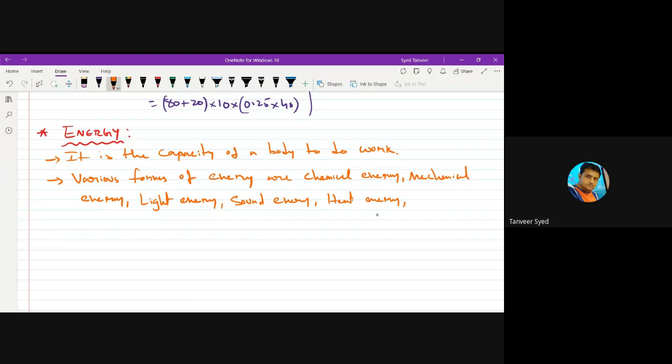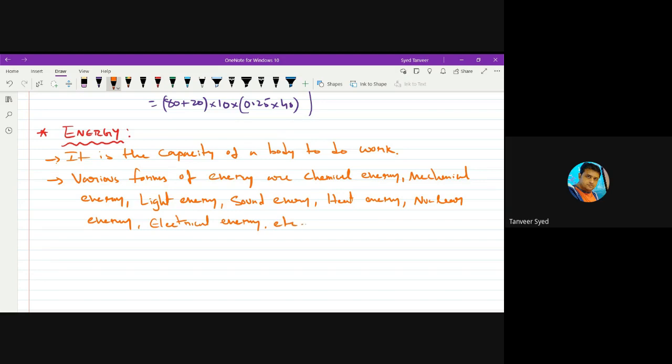Then you have nuclear energy, geothermal energy, electrical energy, magnetic energy. Various forms of energies are there in nature.